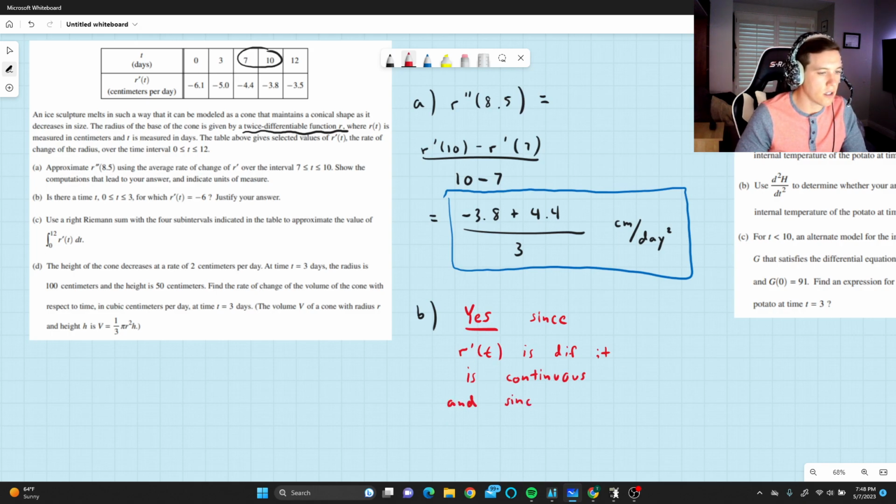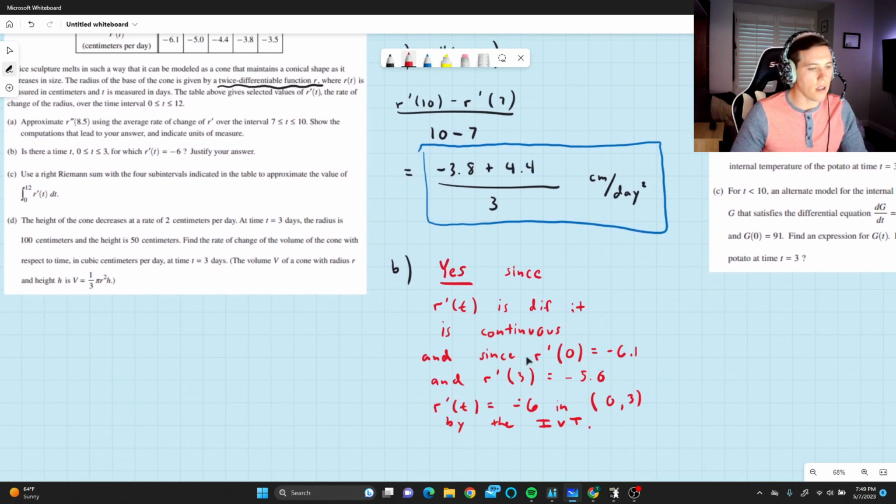And since R prime of 0 equals -6.1, and R prime of 3 equals -5.0, R prime of t has to equal -6 in the interval 0 to 3 by the intermediate value theorem.